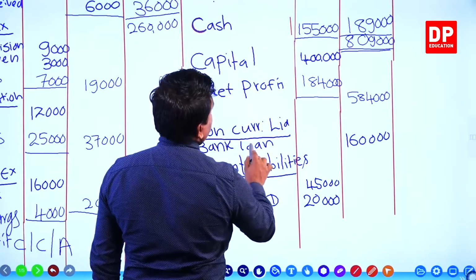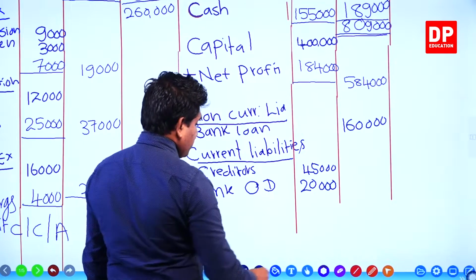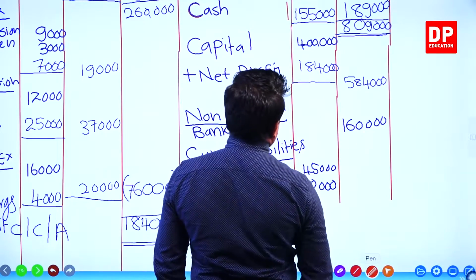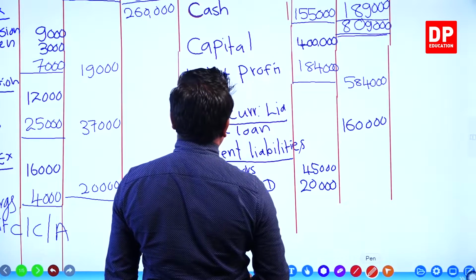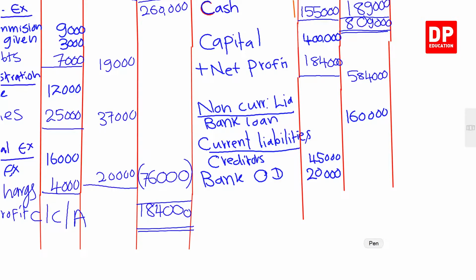Next side, right? How? Then you get here 584, then 160, here 20,000. Then 65,000.